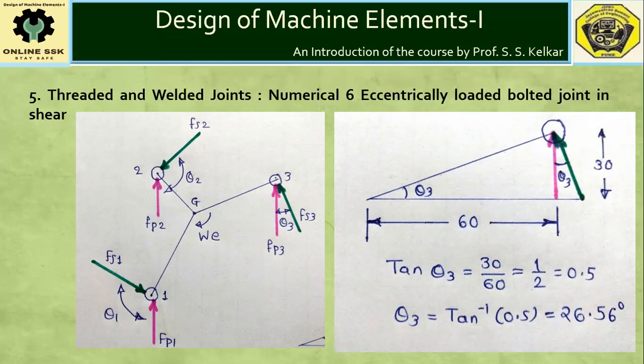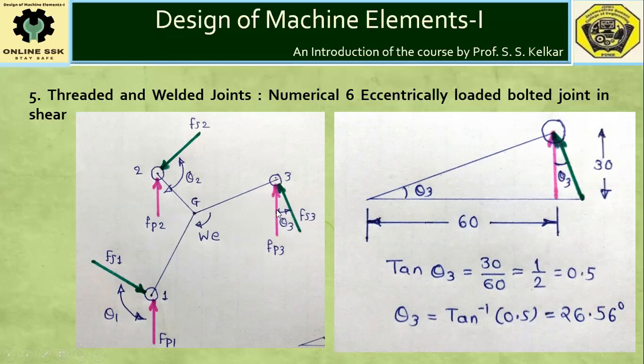The logic is that the bolt which is furthermost from the CG and has the lesser value of theta will carry the maximum resultant shear force, and is therefore termed the critically loaded bolt. In this figure you can observe bolt number 3 is further and also has the lesser value of theta. Therefore bolt number 3 is the critically loaded bolt, and the FR value for bolt number 3 will be the maximum one, which will be taken into account for further analysis.